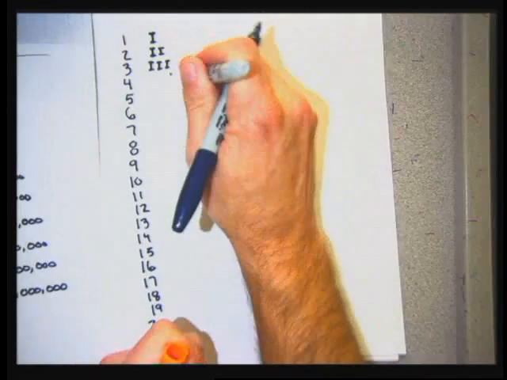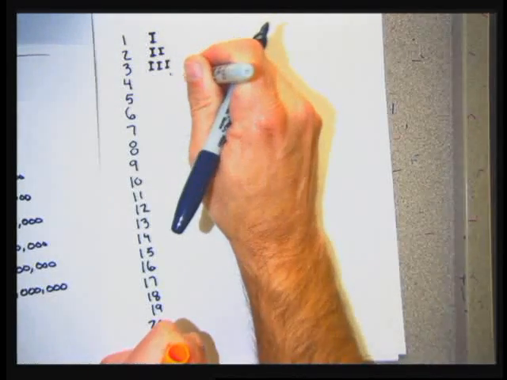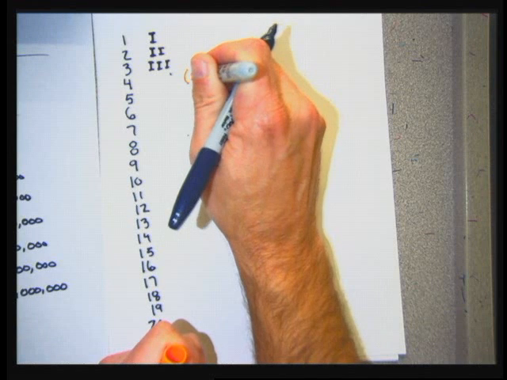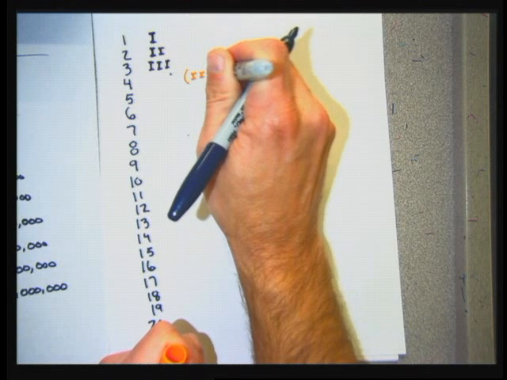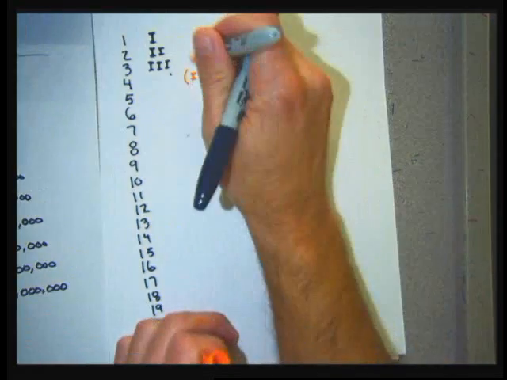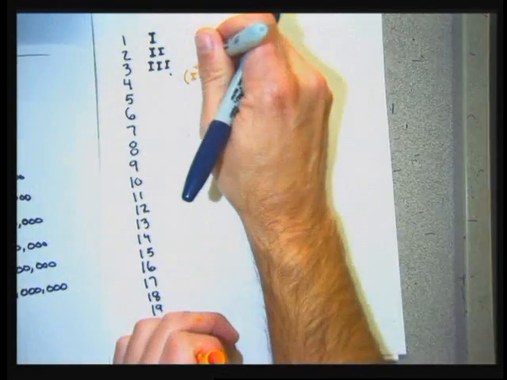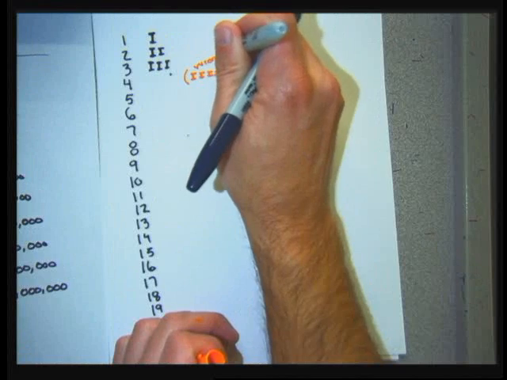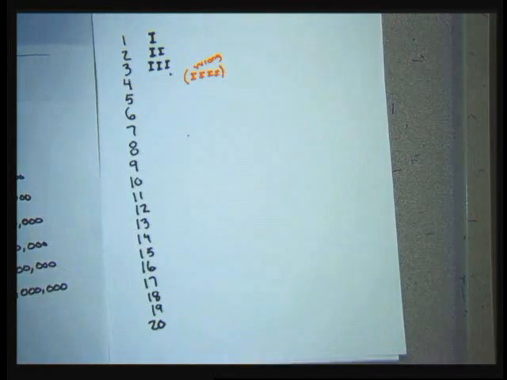The next number, it would be wrong. It's not the case that in Roman numerals we would write IIII, although it makes sense that that would stand for 4. That's not what 4 is equal to. That would be a wrong representation of 4. We never have 4 of the same digit written in a row for Roman numerals.